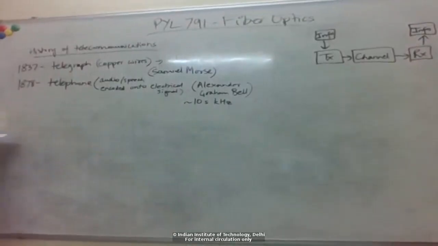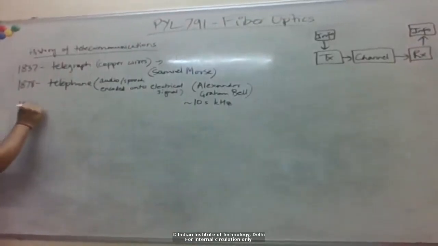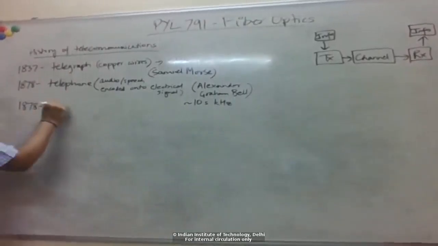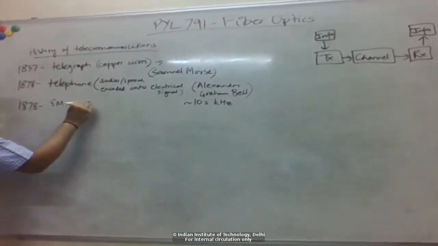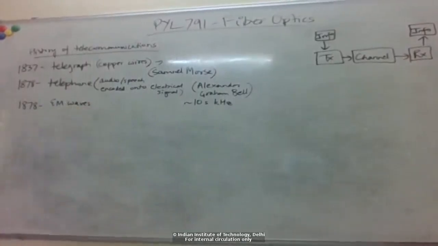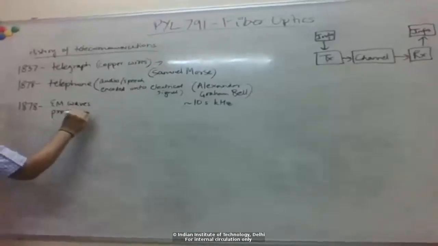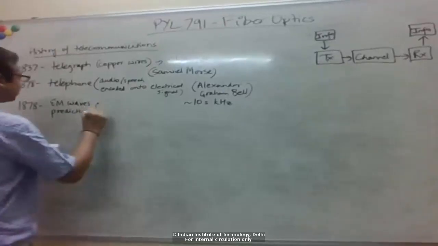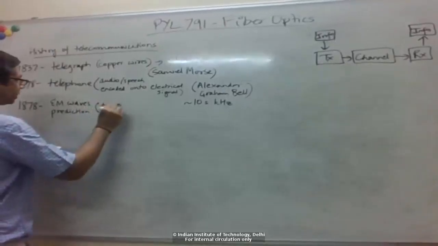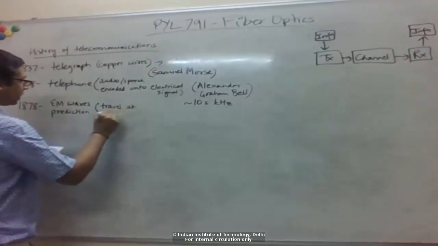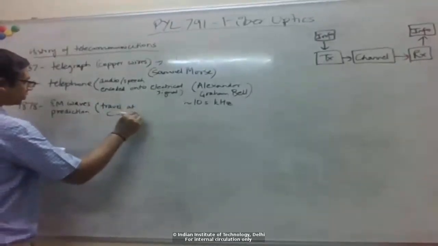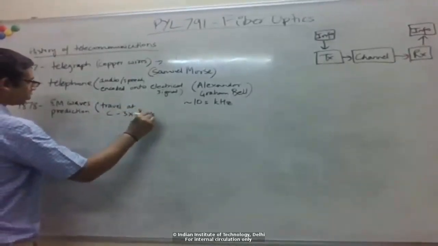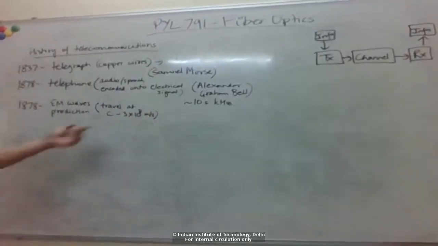And then in the same year, a very important theoretical advance was made, which was the prediction of electromagnetic waves, and also the prediction that they travel at the speed of light, which was very high.